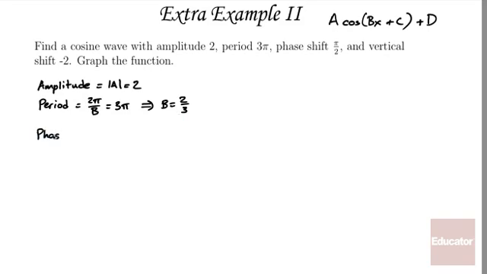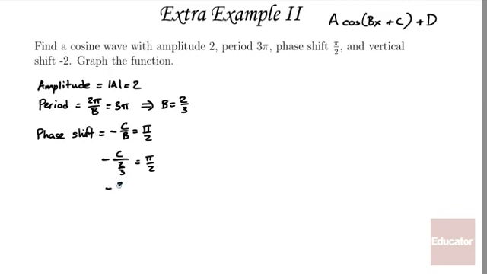The phase shift is negative c over b, which is supposed to be equal to pi over 2. Now, that requires a little bit of solving, so we get negative c over our b, which we already figured out was 2/3, is equal to pi over 2.